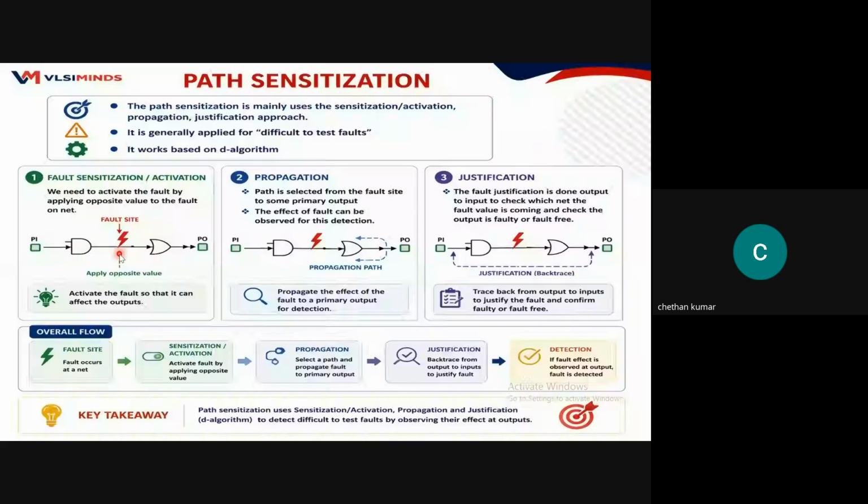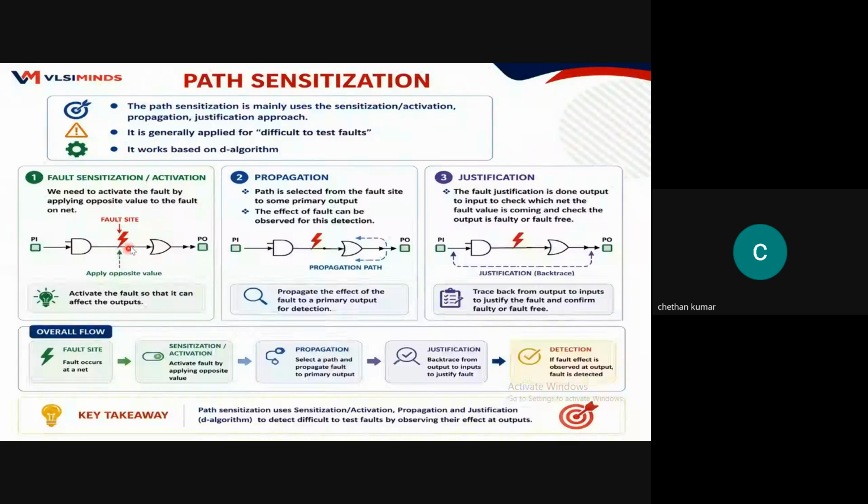If I apply the opposite value and that value appears across this, then there is no fault here. If I am still applying 1, but it is still coming 0, that means there is a stuck-at-0 fault. Are you getting my point?